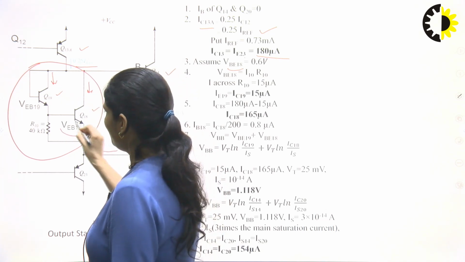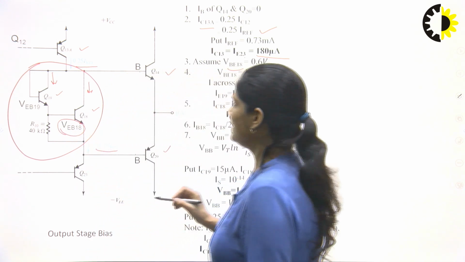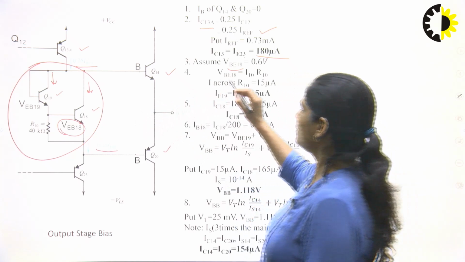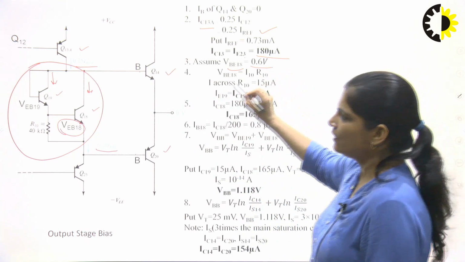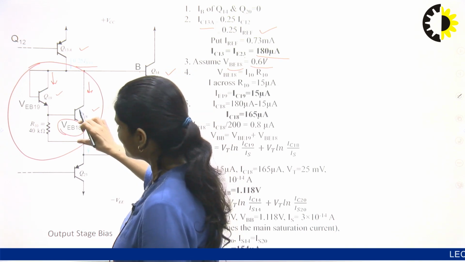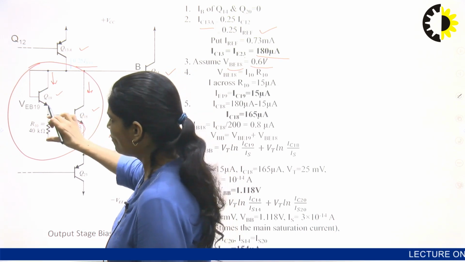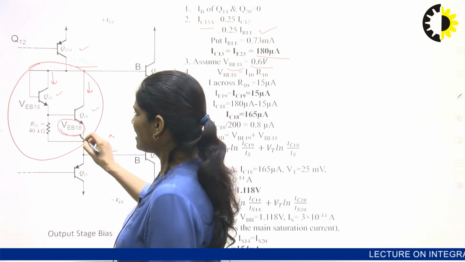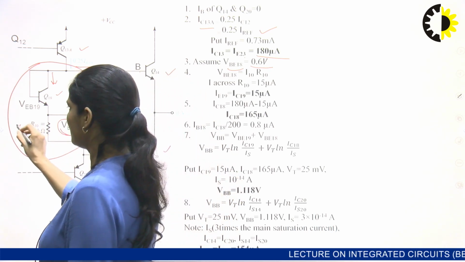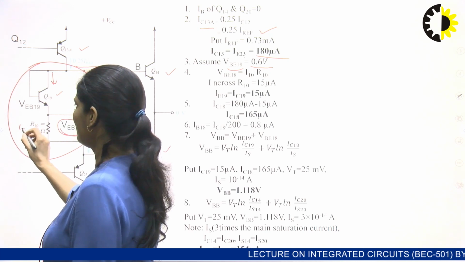We are assuming VBE18 is equal to 0.6 volt. Let us assume this is VB18. So the voltage across this transistor is equal to this one. So VB18, which we assume 0.6 volt, is across R10. Let us assume this current is I10.